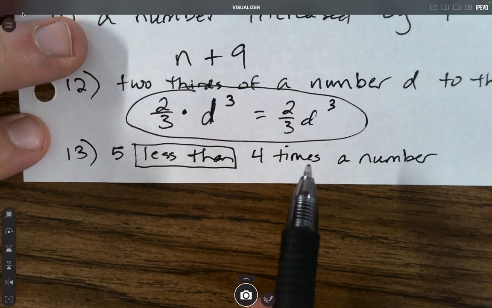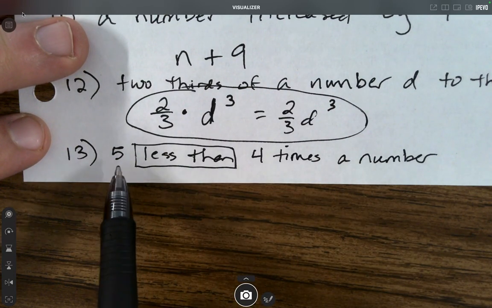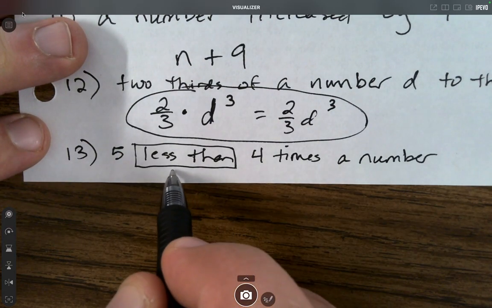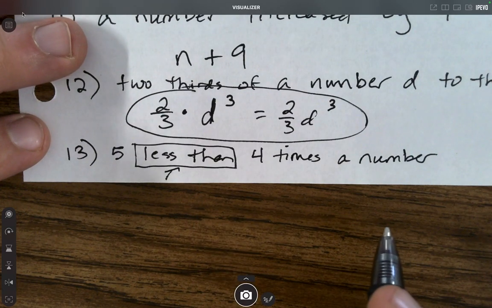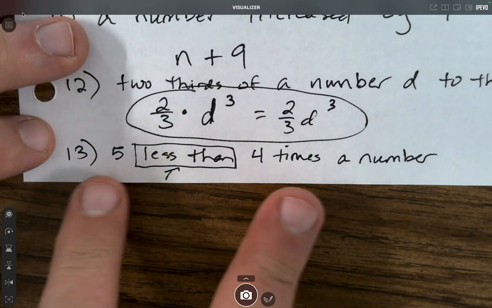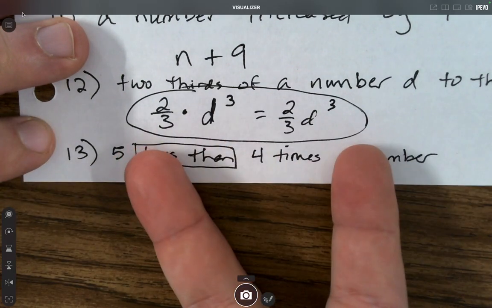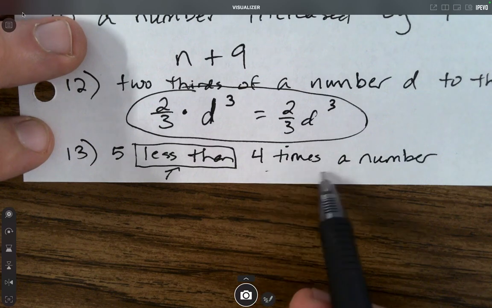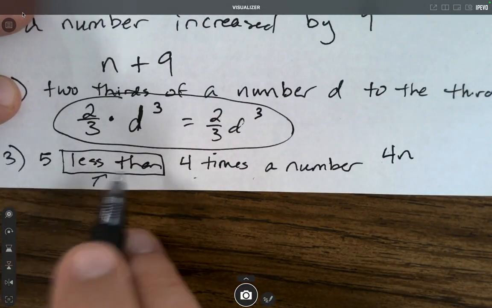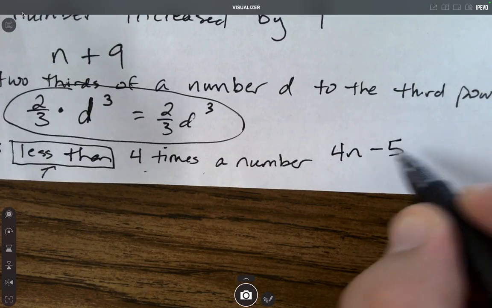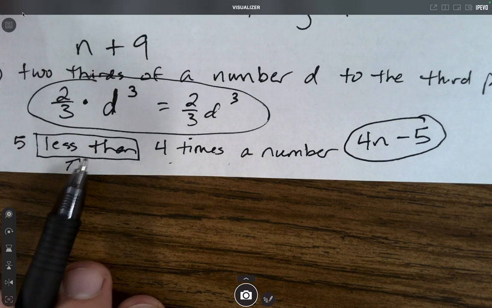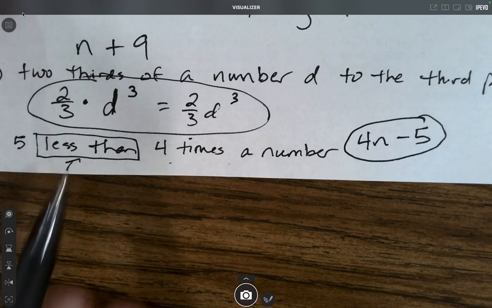So in almost any other phrase, you would just do 5 first and 4 times the number, 4n second. But you must remember, this phrase is the pesky jerk that's the exception. When you see less than, that communicates you need to subtract. We need to flip the order of these two things. So 4 times the number, we can just write 4n. 5 less than that would be minus 5. So 4n minus 5. So you got to commit to memory. Less than means you flip the order of the things that are written down.